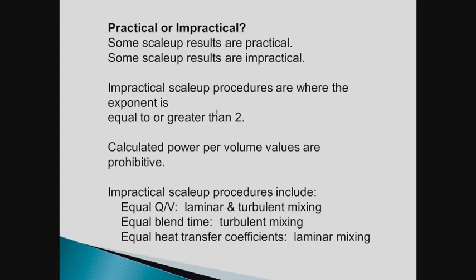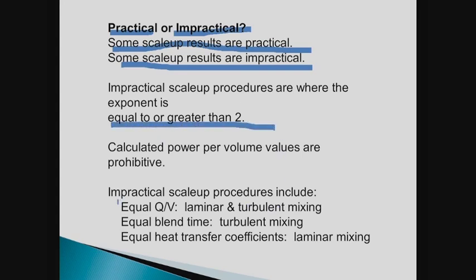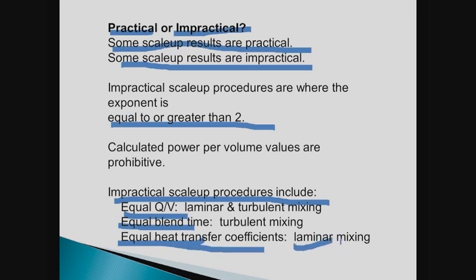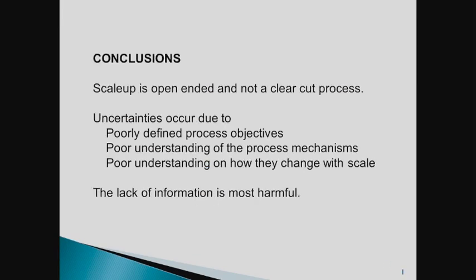So what you have is stuff that is practical and stuff that's impractical. So some scale-up results are practical and some are not. Again, the exponent is greater than 2. Impractical scale-up procedures include equal cooking, both laminar and turbulent, equal blend time in turbulent, and equal heat transfer coefficient in laminar mixing.